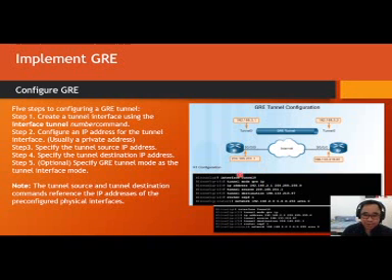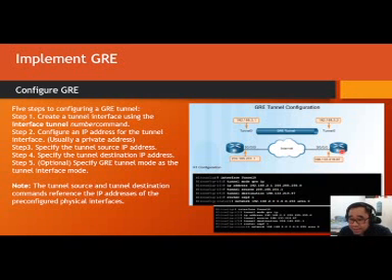Step 3, specify the tunnel source IP address. The tunnel source IP address is usually the port going to the ISP. Step 4, specify the tunnel destination IP address.